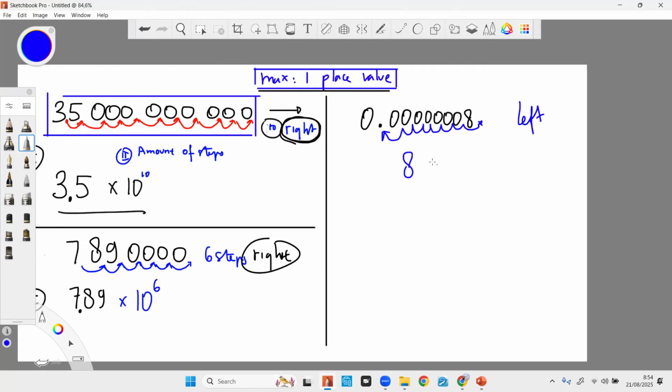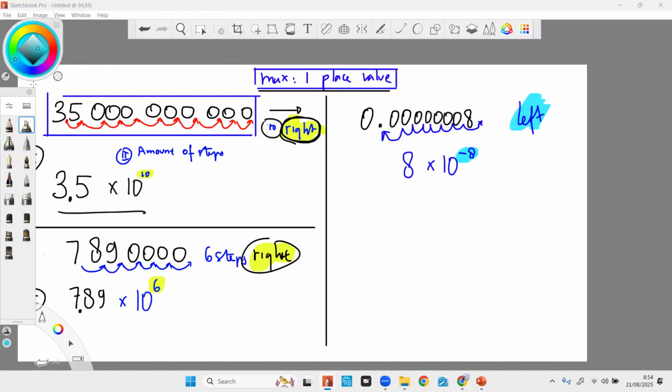Luckily, it's 8. So you multiply by 10 to the power of negative 8. So what is the conclusion then? If you go left, the power has to be negative. If you go right, the power is positive. Very good.